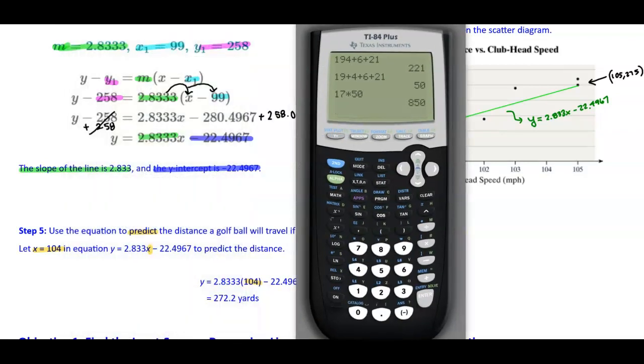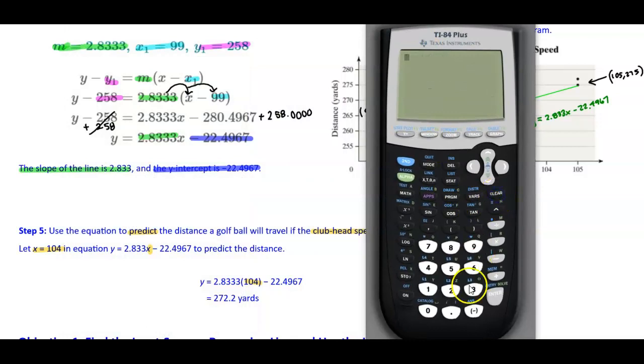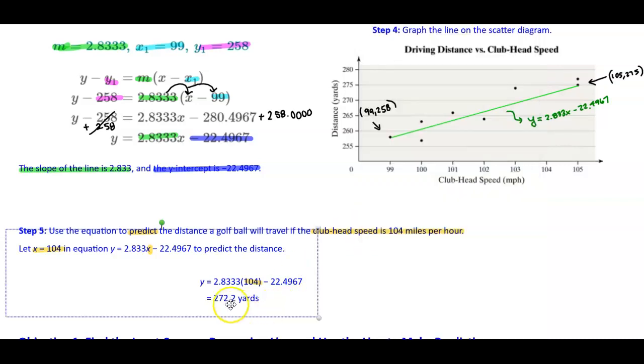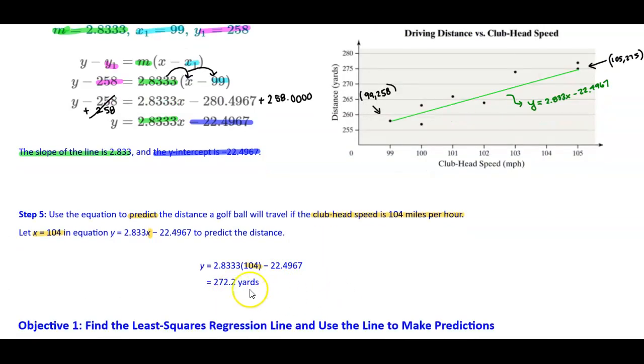We take 2.8333 and multiply it by 104, and then subtract 22.4967. That gives us 272.1665. Rounding to one decimal place gives us 272.2. So y is going to equal 272.2 yards.